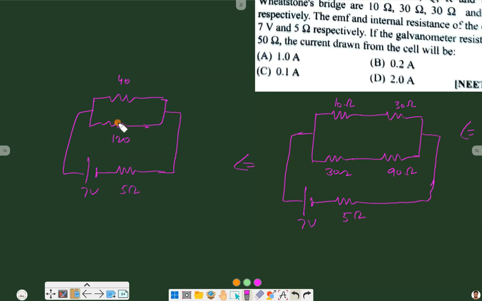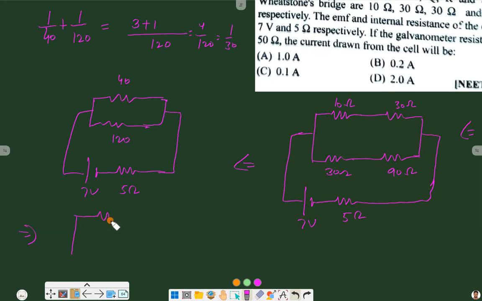Now 40 and 120 are in parallel, so their combination gives 1/40 plus 1/120, that is 3 plus 1, 4 by 120, that is 1/30. So it will provide a total resistance of 30 ohm.